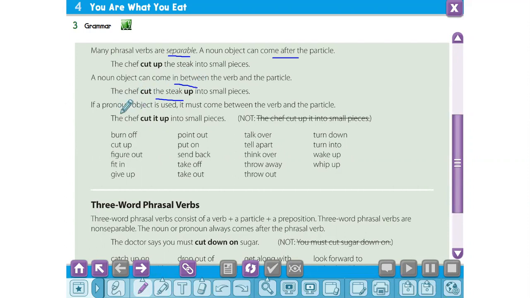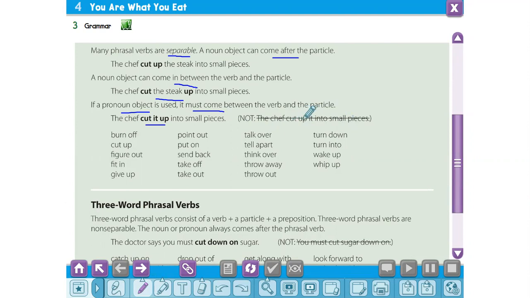If a pronoun object is used, it must come between the verb and the particle. The chef cut it up into small pieces. It's incorrect to say the chef cut up it into small pieces.